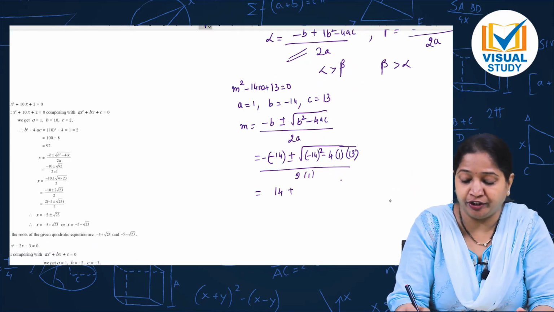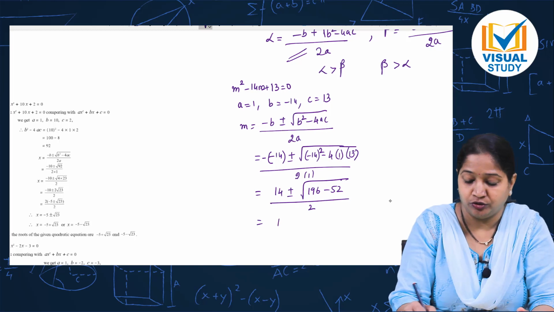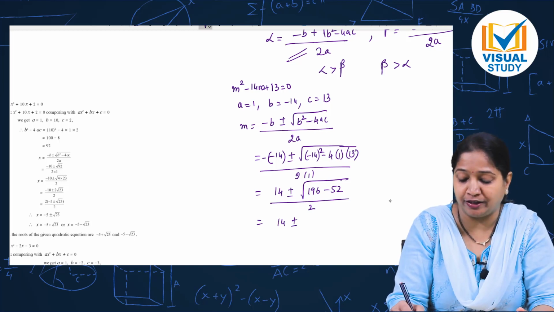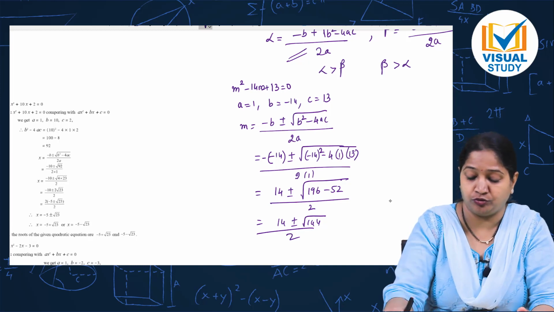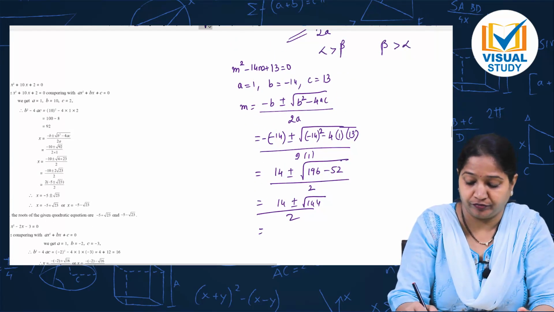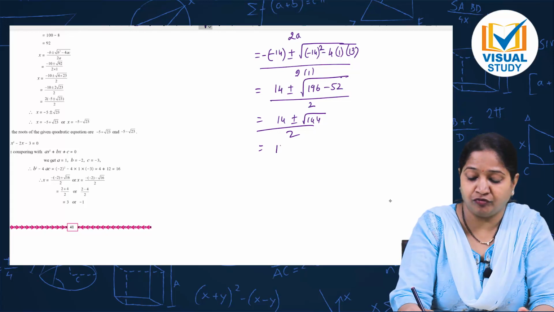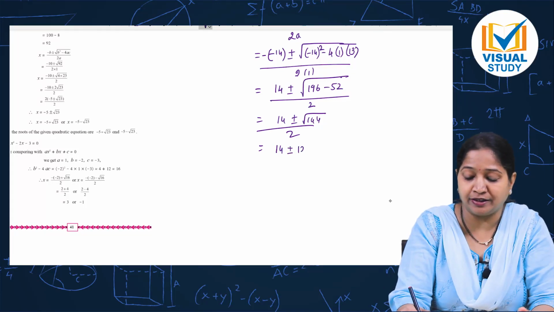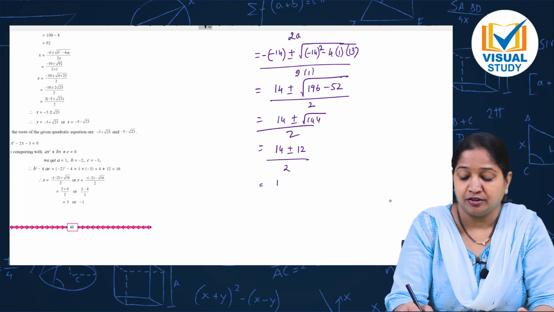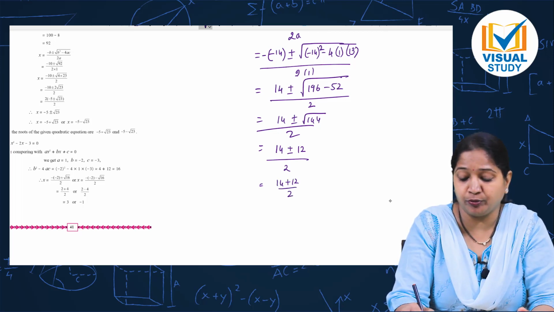Here you get 14 plus or minus under root 196 minus 52 upon 2. What do you get? 14 plus or minus root 144 upon 2, that is 14 plus or minus 12 upon 2. You get 14 plus 12 upon 2 or 14 minus 12 upon 2.